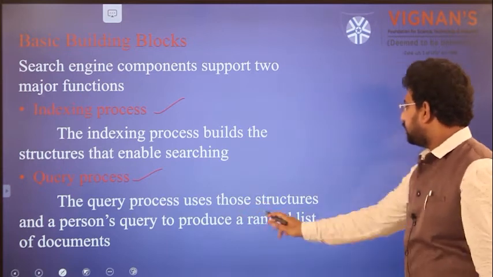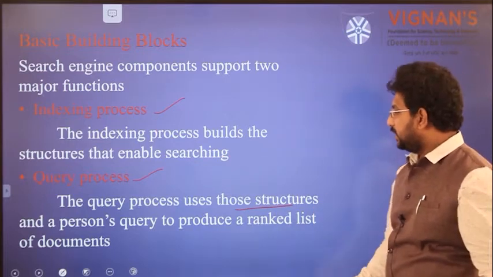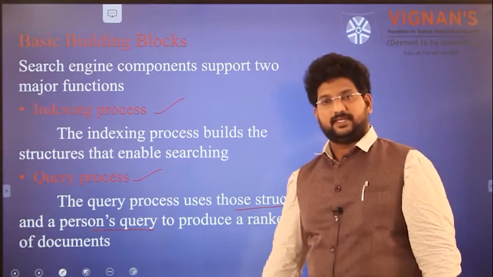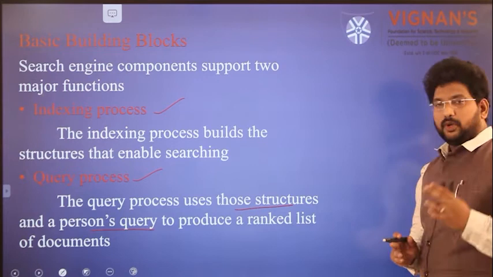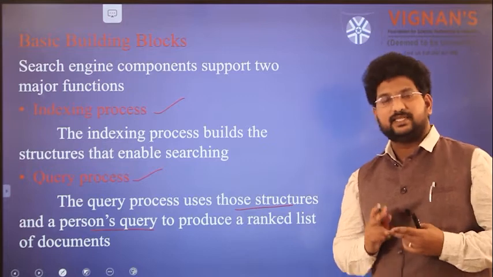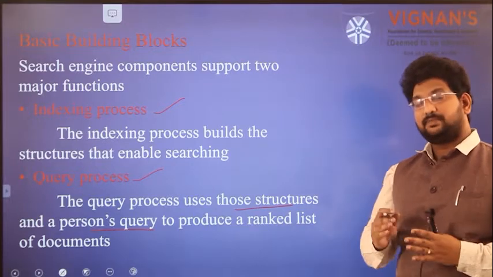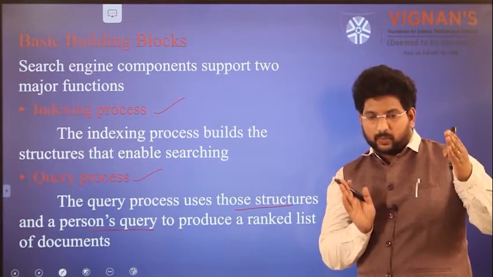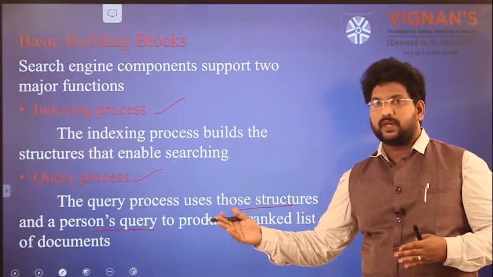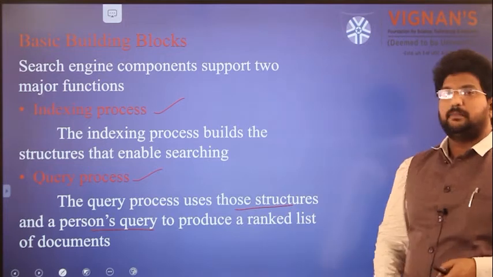So there are two basic building blocks: the indexing process, which builds the structures, and the query process, which uses those structures and the person's query to produce a ranked list of documents. So this is about the basic building blocks.